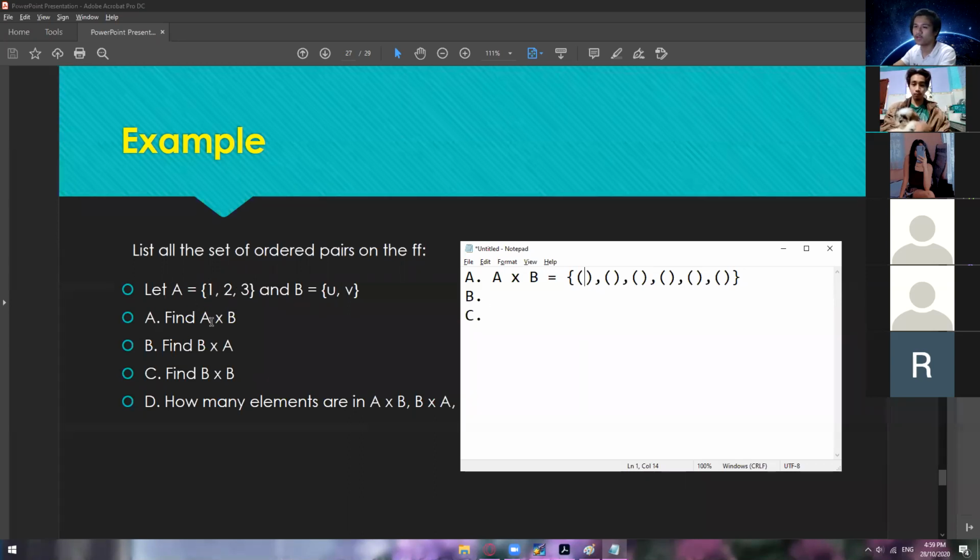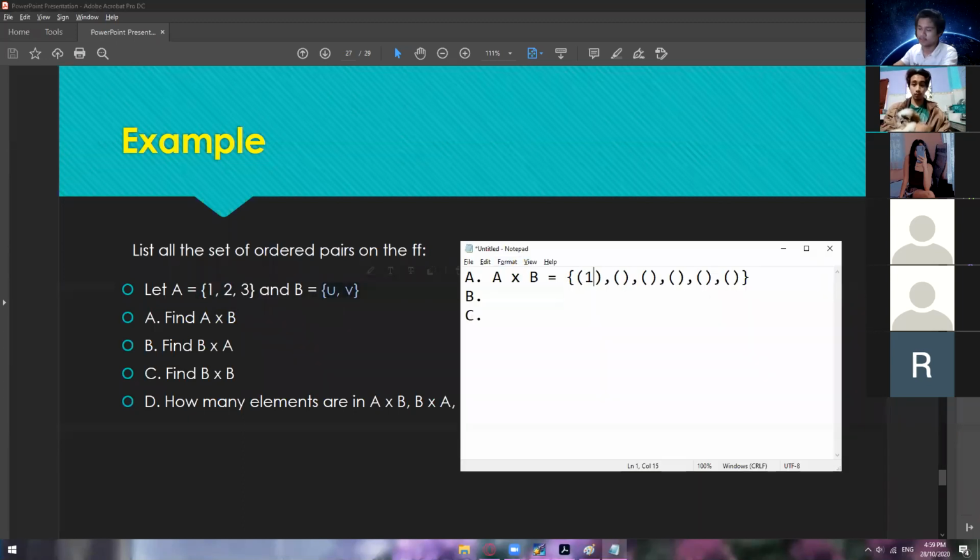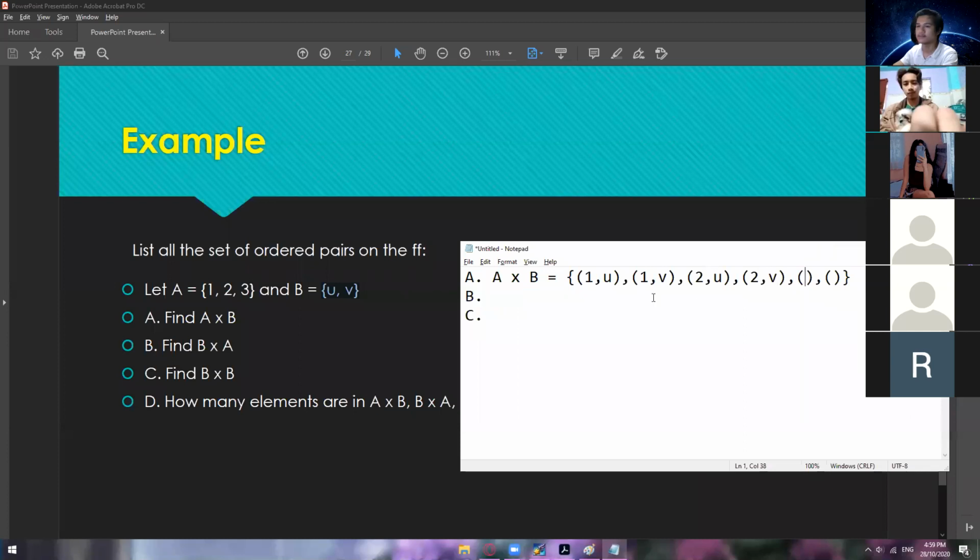So nauna yung A, and then susunod yung B. So mauuna tong A, susunod yung B. So for the first ordered pair, it's (1, u). The second one is (1, v). The next one is (2, u). And then the fourth one is (2, v). And then the last ones are (3, u) and then (3, v). So, may sumagot yata.